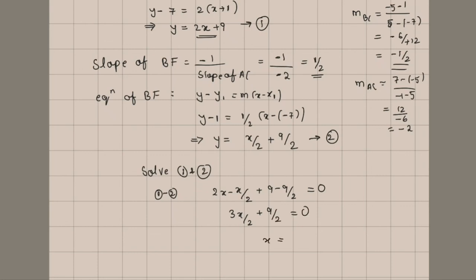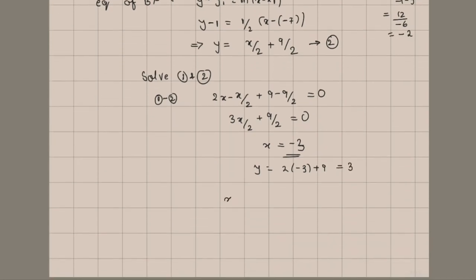So x equals minus 3. If x is minus 3, substitute in this equation. So y equals 2 into minus 3 plus 9, which is 3. So (x, y) equals (-3, 3). This is the orthocenter.